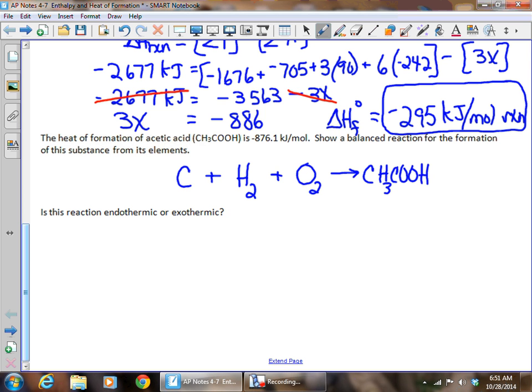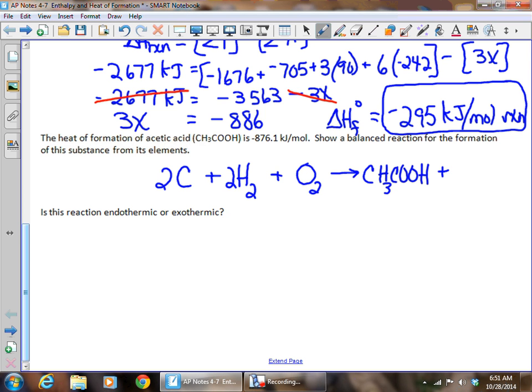Now balanced, we're going to need 2 of our carbons and we're going to need 2 of our H2s to get that balanced. Now it doesn't really say to put it in, but I'm going to go ahead and put in the heat value. Since the value is negative 876.1, where's that going to go? On the right-hand side. Remember, we don't put negatives in chemical equations, so we're adding it to the right-hand side.